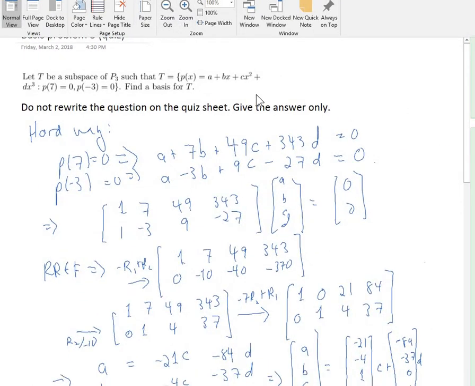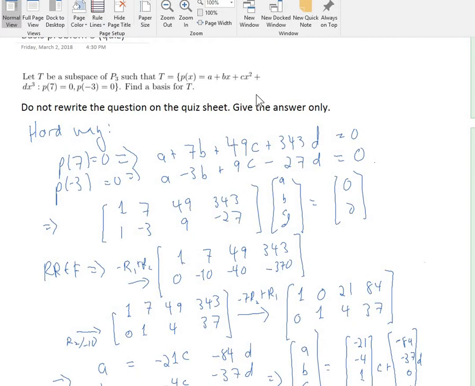The two conditions, P of 7 equals 0, P of minus 3 equals 0, can be expressed by plugging 7 in for x to get one condition, and plugging minus 3 in for x to get the second condition. So P of 7 equals 0 implies a plus b times 7 plus c times 49 plus d times 343 is equal to 0.